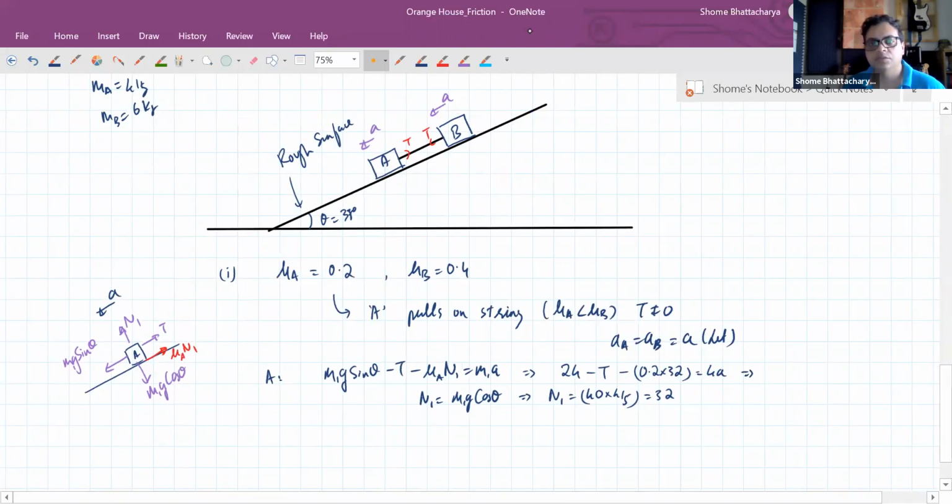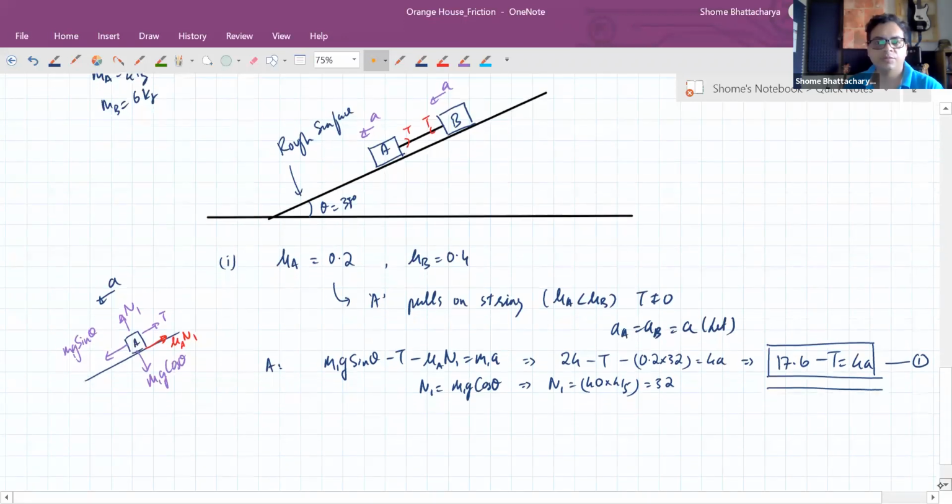So this equation becomes 24 minus 6.4. So that is how much now? 17.6 minus T is equal to 4A. That's our equation 1 that we are getting from here.